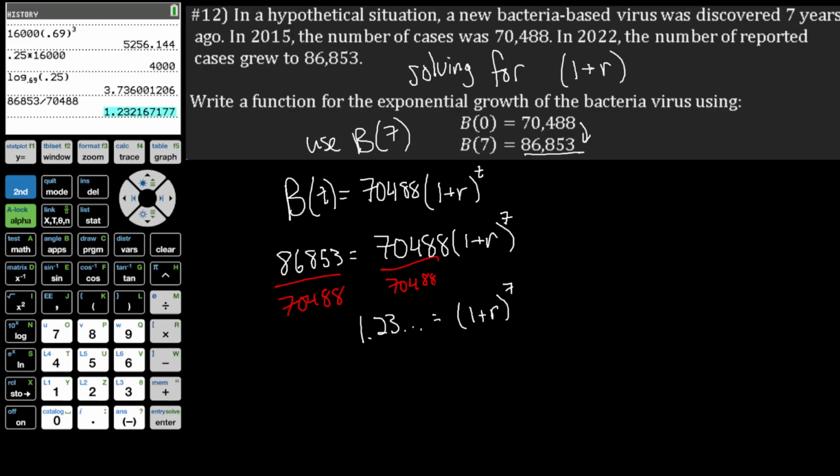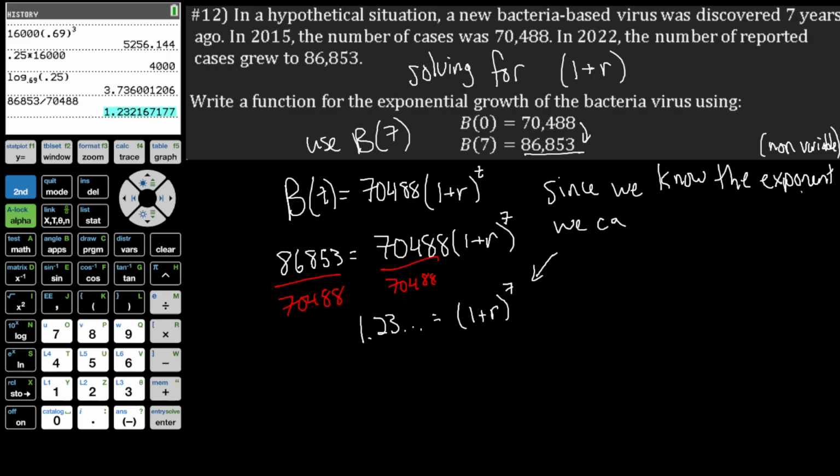Now that we have our equation set up like this, instead of having to use log or anything like that, since we have our value in our exponent, meaning non-variable, we actually can take the root of both sides.